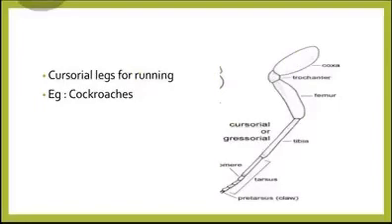In this case we see that this complete portion of tibia and tarsus and pretarsus lies parallel to the ground. So this gives extra support to the insect while running.